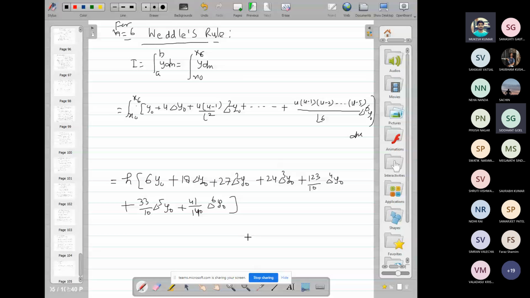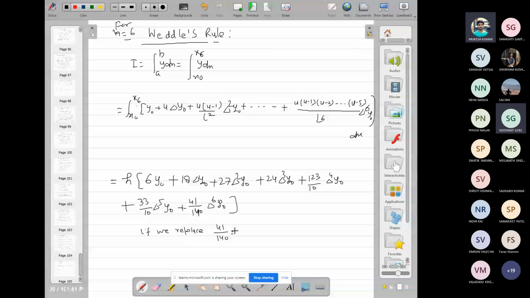And suppose we replace 41 by 140 with approximately 42 upon 140, then it becomes 3 upon 10. And the error is negligible.